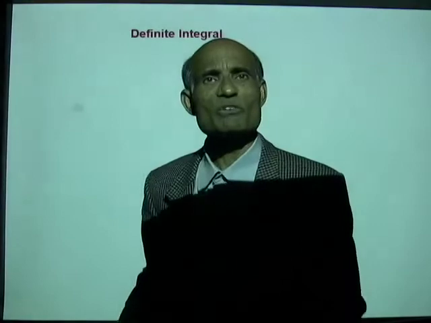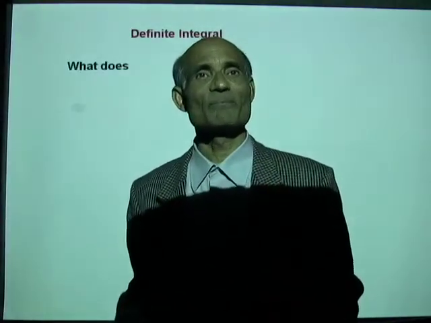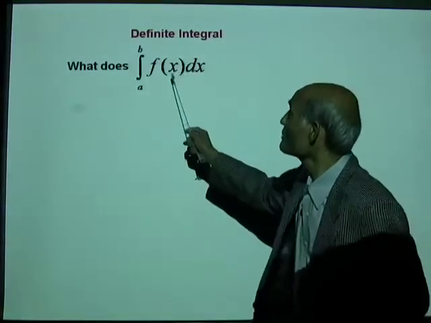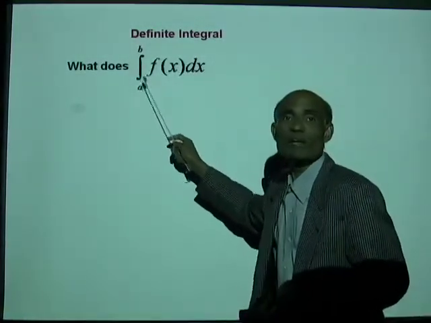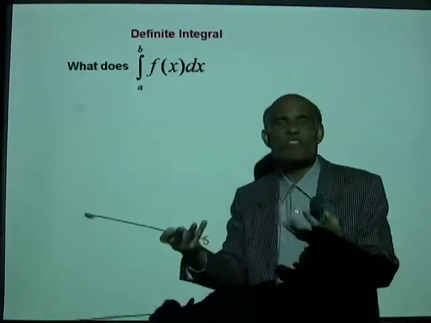Alright, let's talk about the definite integral. What is a definite integral? In other words, what does the integral from a to b of f of x dx represent? What is the physical meaning of that?